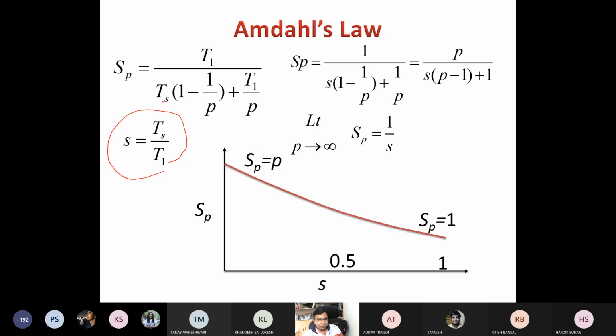So these terms, we are simply writing. What we are trying to do in this case also, we are dividing by T1. This also divided by T1, and this also we are dividing by T1. So everywhere we are dividing by T1.